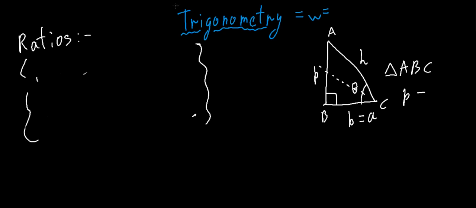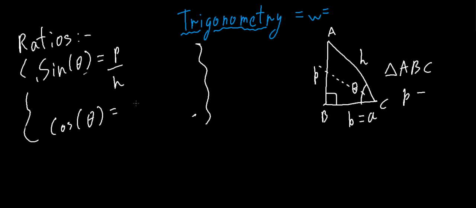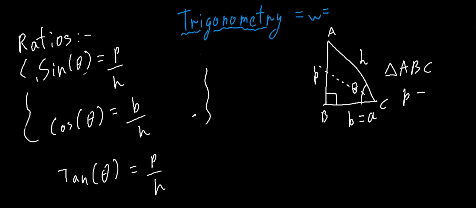So let's write down what we have. Sine theta, we have perpendicular by hypotenuse. Cos theta, which is expressed as base by hypotenuse. Tan theta, which is expressed as perpendicular by base.